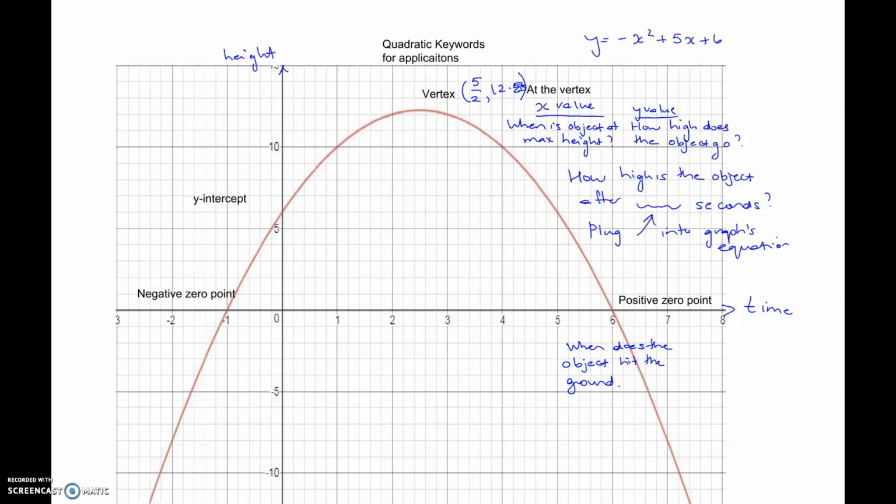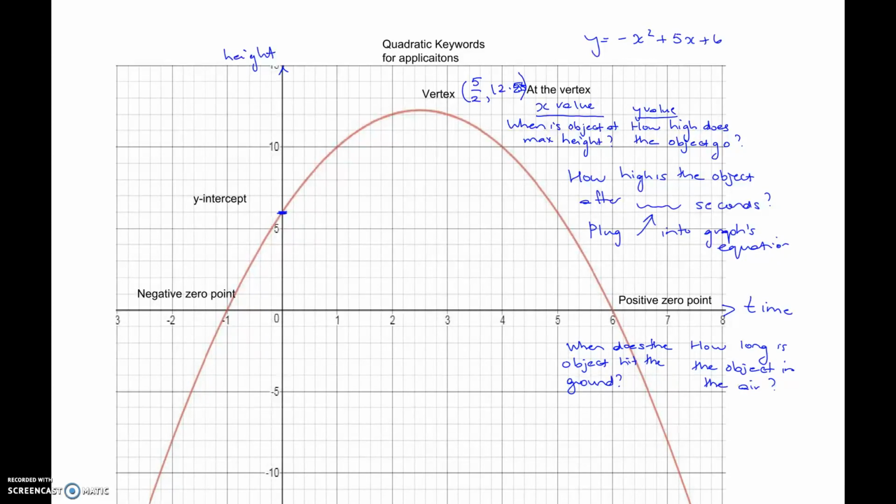Or how long is the object in the air? The y-intercept, in this case it was at 6.